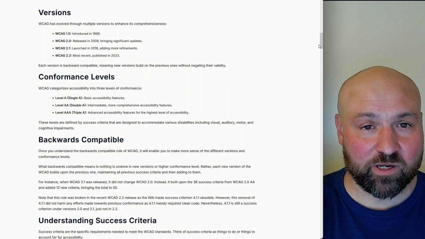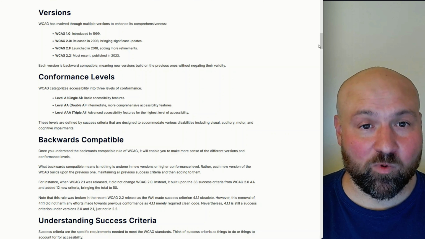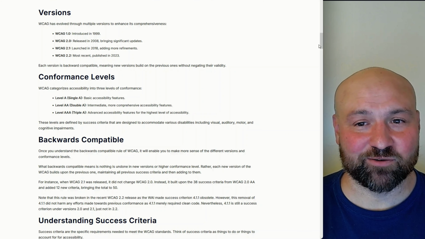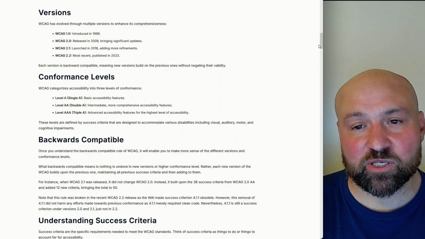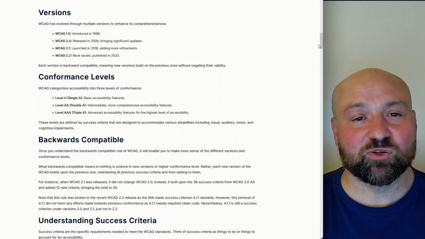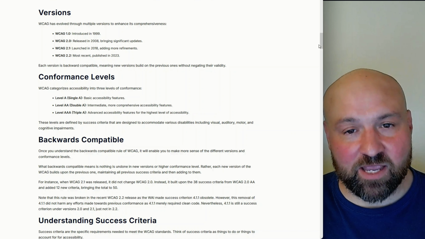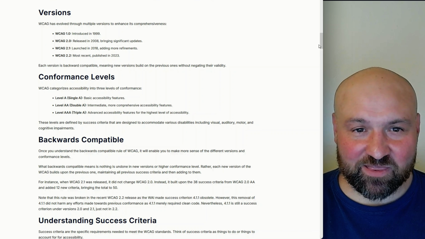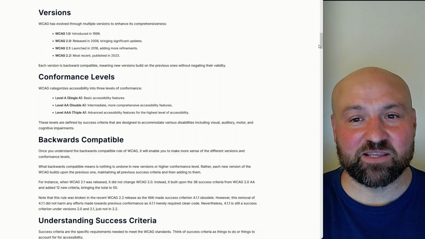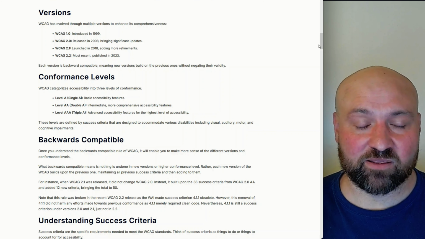So 2.1 builds on top of 2.0, and in effect, 2.1 includes 2.0 plus additional success criteria. And then the same with 2.2. 2.2 builds on top of 2.1. So there are just additional requirements or success criteria that are in 2.2. So think of it that way, and it becomes a lot less confusing versus thinking of these as completely different versions that are requiring completely different things.